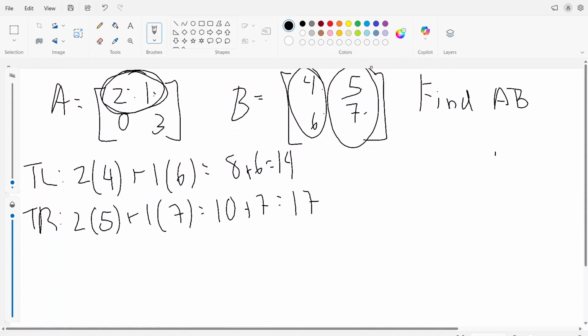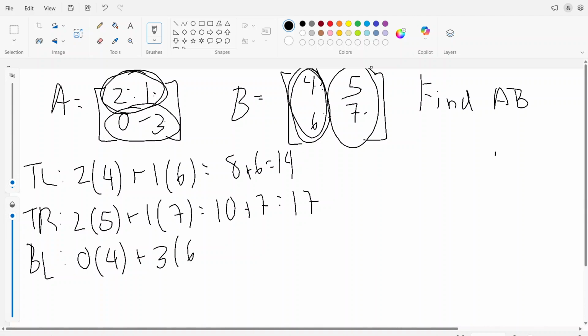Now we can go to our bottom. So now we work with bottom left, and we do left to right first. So bottom row and first column, so 0 times 4 plus 3 times 6, which will be 0 plus 18, which will equal 18.